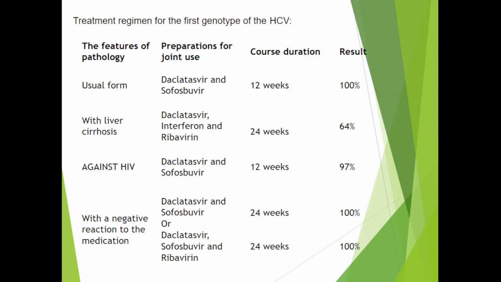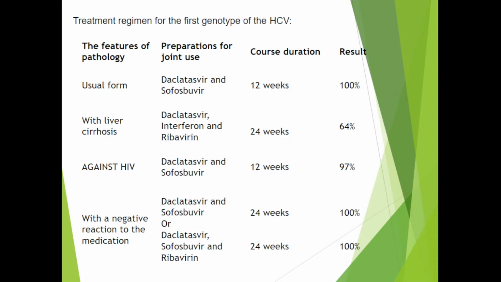In the usual form, daclatasvir and sofosbuvir are used for 12 weeks, resulting in almost 100% recovery. In people with liver cirrhosis, daclatasvir is used plus interferon and ribavirin for 24 weeks, and treatment may be positive in 64%.